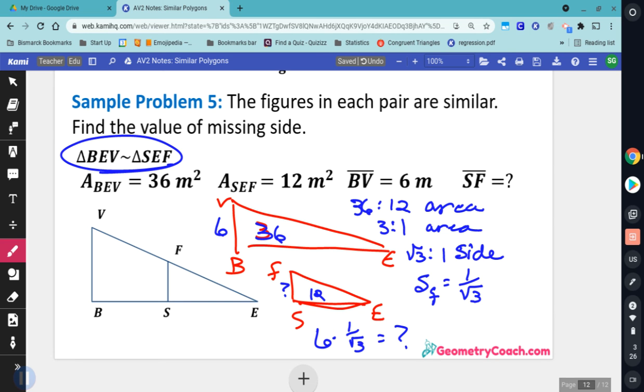So we can do that as a decimal. It's 6 times 1 over root 3, which is 6 divided by root 3. And I got, we'll call it, 3.5. Now, if you get something bigger than 6, we know we did it wrong, because the 6 is here, which makes that 3.5 there.